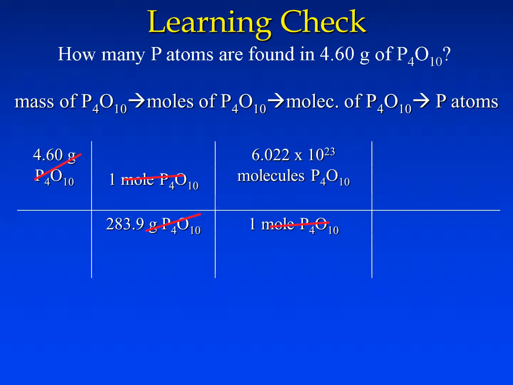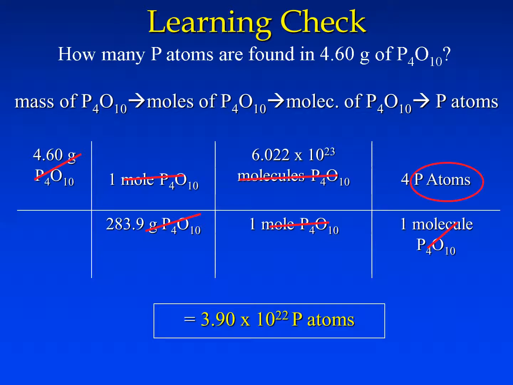How many phosphorus atoms are in one molecule? Well, for every one molecule of the compound, I have 4. Do the units work out? Yes, because my answer now will give me phosphorus atoms. Now I can do the math, and again, that's fairly easy. And here's the answer: 3.90 times 10 to the 22nd phosphorus atoms.